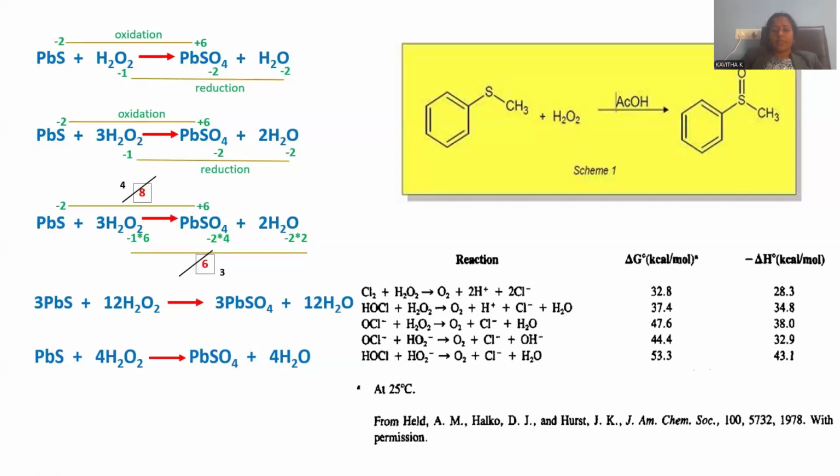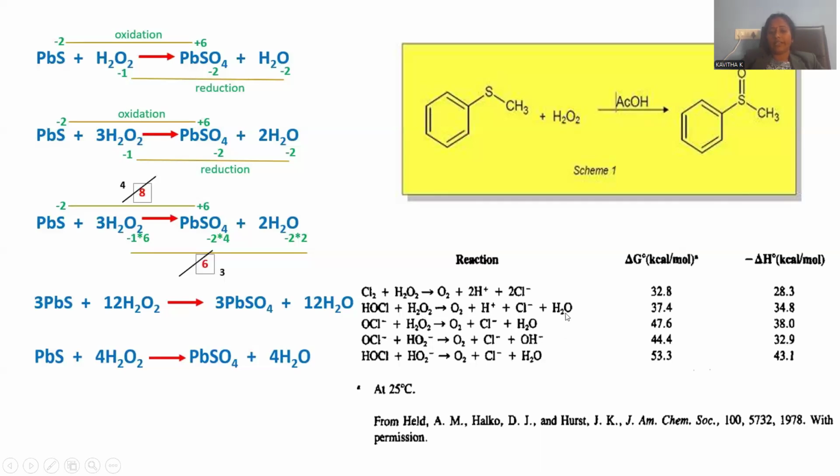This finds general application in the water purification process, wherein oxygen is released into the water, and whatever H plus and Cl minus are there work like a disinfectant. Whenever HOCl, hypochlorous acid, reacts with hydrogen peroxide, again there is a liberation of oxygen molecule, H plus, Cl minus, and water.